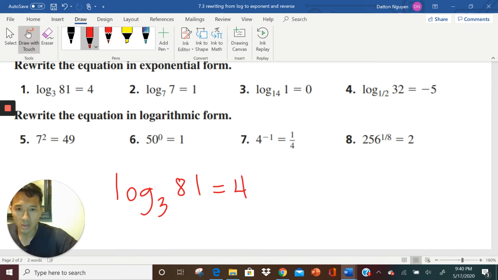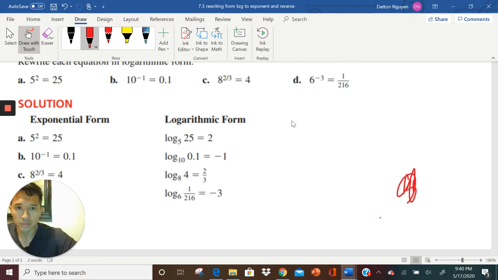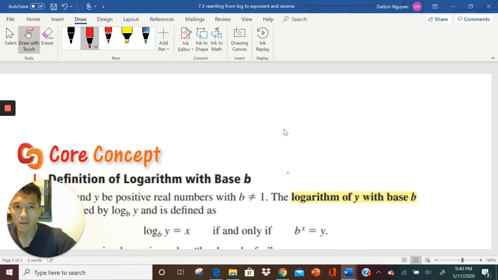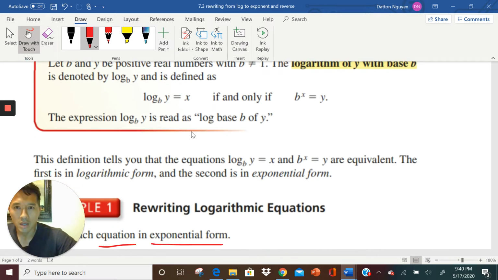Now, before I continue with number 1, let's go back to the notes. Remember, the base is b, the answer is y, the exponent is x.